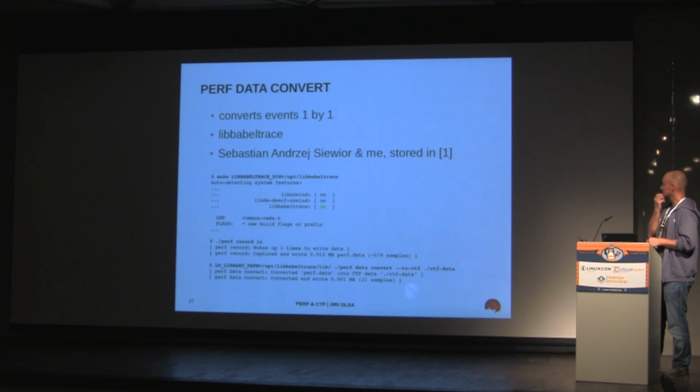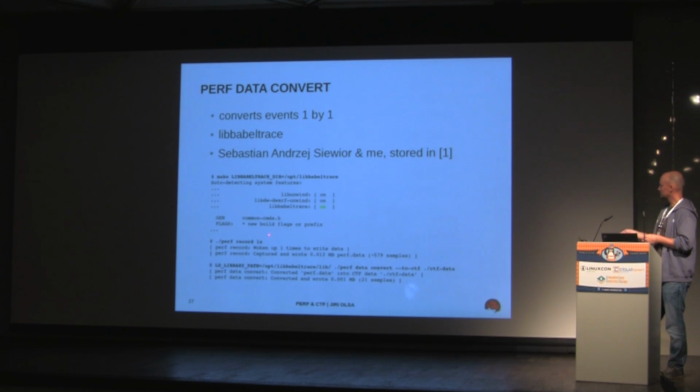Me and Sebastian wrote the perf data convert, and it actually does option number one I described. It reads the Perf data, parses it, takes each and every event and stores it to the CTF.